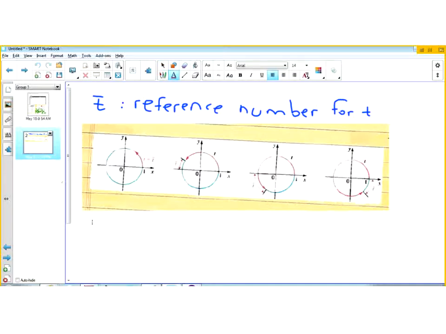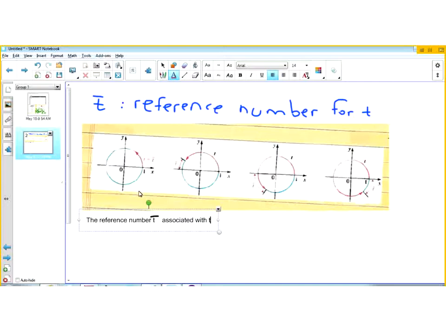So the reference number, t with a bar on top, t bar, is associated with the terminal number t.